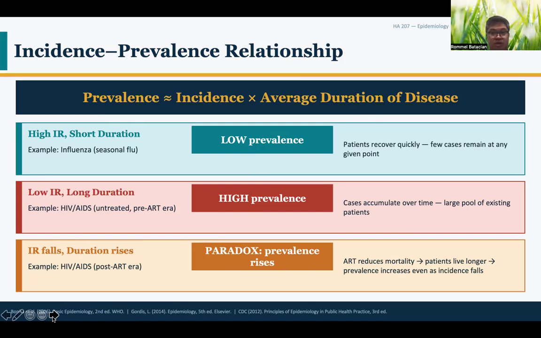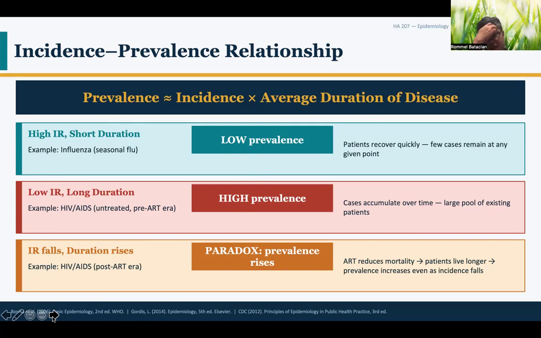Magic Johnson is a prominent example. He's been living for more than 30 years, almost 35 years, from the day that he announced that he has HIV infection. So the duration increased dramatically. Therefore, there is now an increase in prevalence, even if the incidence of HIV infection fell.